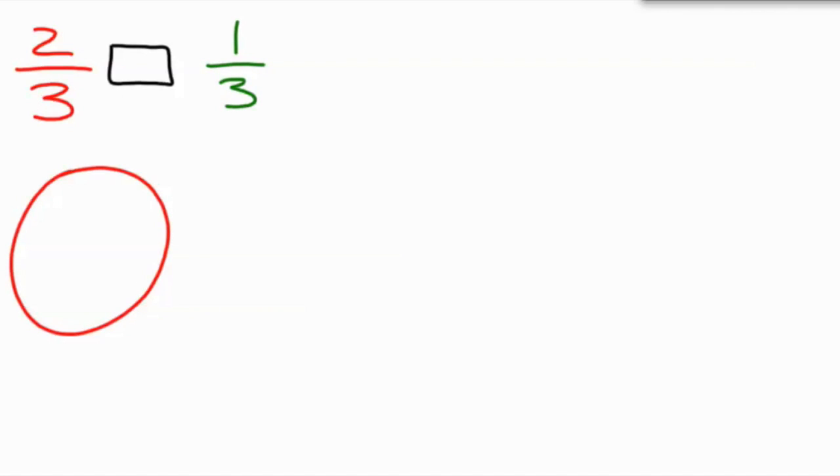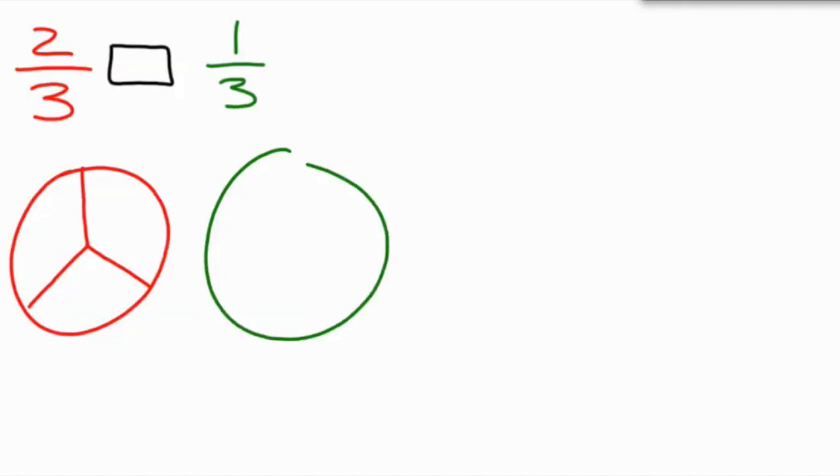Again, when fractions have the same denominator, our quickest way to tell which fraction is greater is to simply look at the numerator. For instance, here in 2/3 being compared to 1/3, we can take a look at the numerator and quickly see that 2/3 is going to be greater. But we can also again draw out a picture to visually represent each fraction.